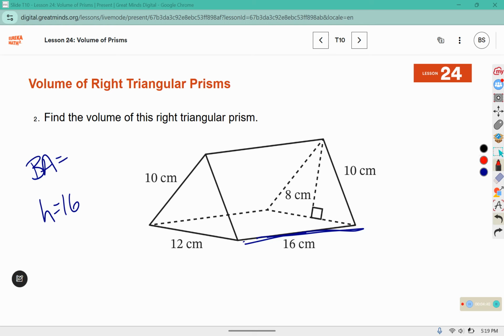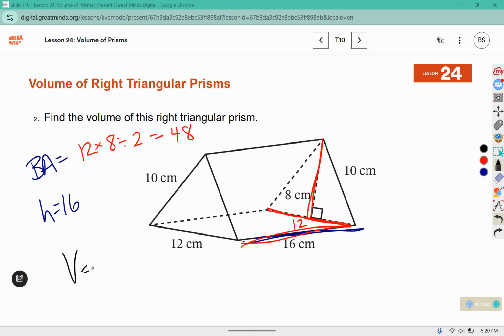Well, the triangle is a base of 12 and a height of 8. And triangles get divided by 2. So if we did 12 times 8 divided by 2, that would give us 48 as our base area, and 16 is the height of the prism.